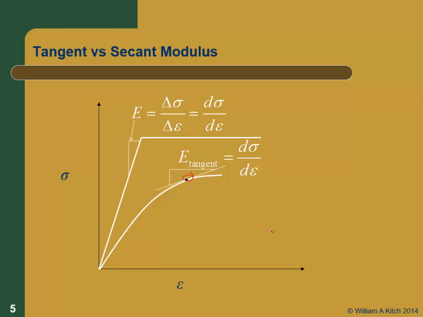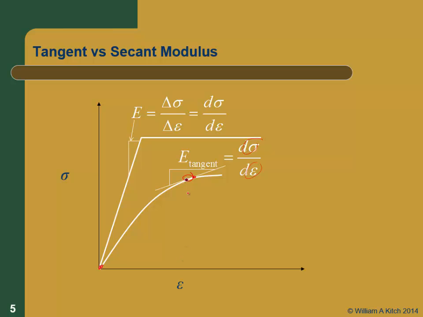And that defines the incremental amount of stress you're going to get for a small change in strain. Well, that's nice if I'm going from this point to a point right next to it, but if I'm going from 0 to there, what good does that tangent modulus do me?